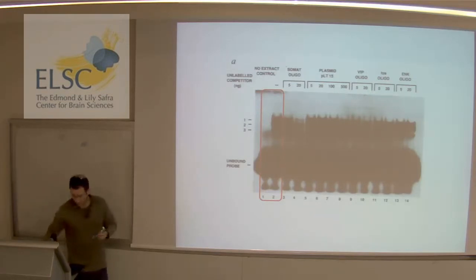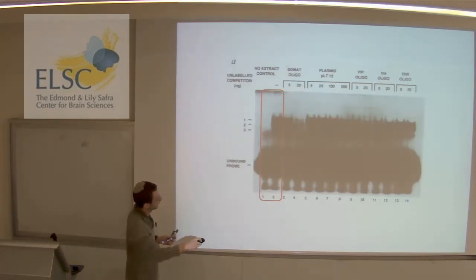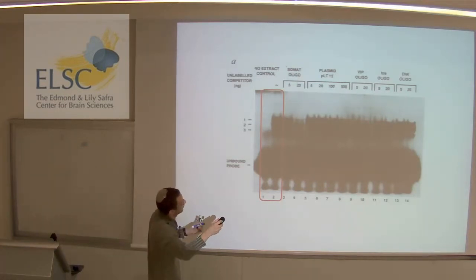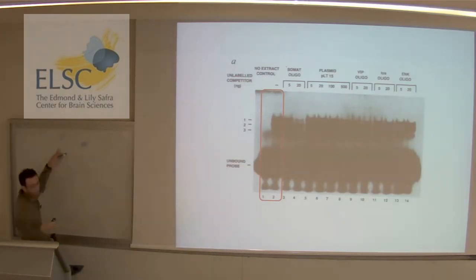So the black cloud right here at the lower part of the gel, that you can see in all lanes, never mind which extract you've used, is the unbound probe, and the probe is the marked CRE. That's what you see in the first lane. So in the first lane, all you see is the black cloud right here at the bottom. Okay, and now what's the second lane? What's in there?